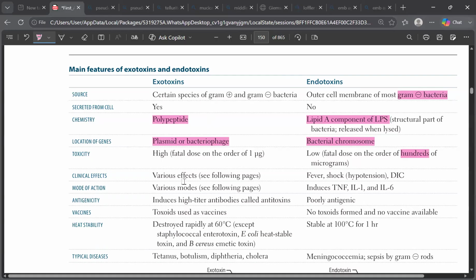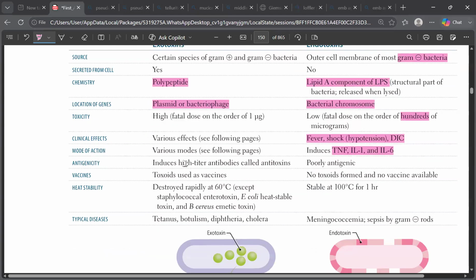Clinical effects are various effects, and there are various modes of action of exotoxins. Endotoxins cause fever, shock, and DIC, and their mode of action is inducing TNF, IL-1, and IL-6. Antigenicity for exotoxins, they induce high titer antibodies called antitoxins, and endotoxins are poorly antigenic.